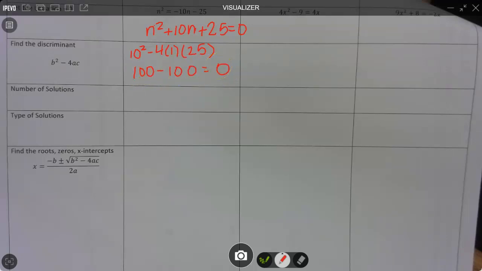My discriminant value is 0. A discriminant value of 0 tells me that I only have one solution. So the number of solutions is 1. The type is real and rational.